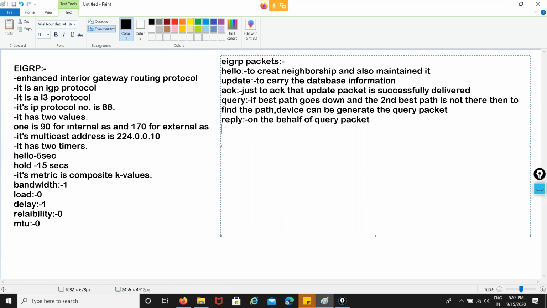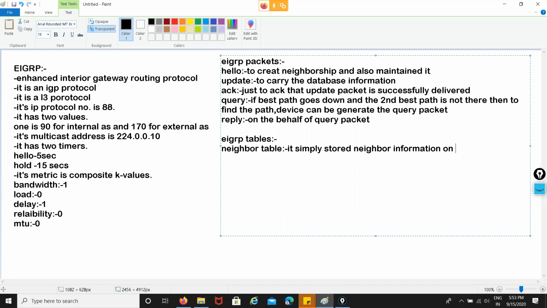Okay, so now EIGRP tables. It simply maintains three types of tables. One is the neighbor table, by which it simply stores neighbor information.